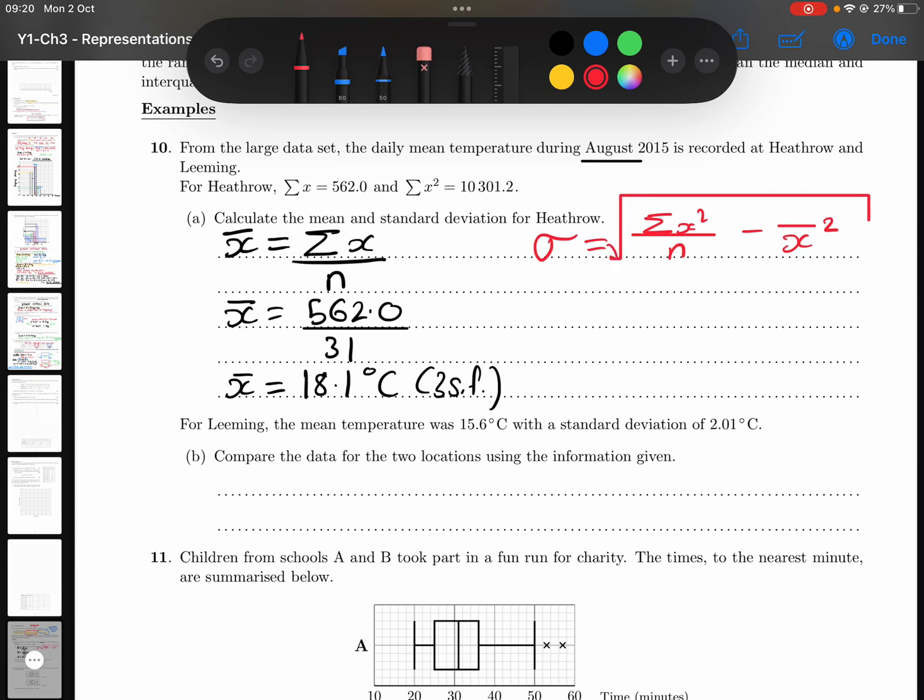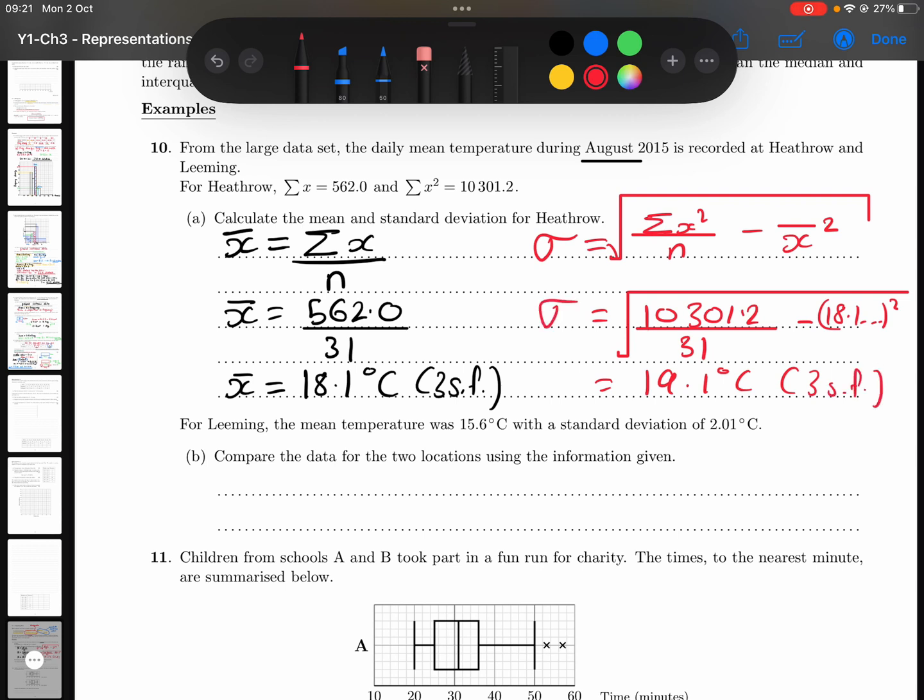Substituting the values from the question gives us 10301.2, again there were 31 days in August, so 31 data points, and using our previous answer of 18.1 all squared. That would give us a standard deviation of 19.1 degrees Celsius, again to 3 significant figures. And just underlining our answers there.